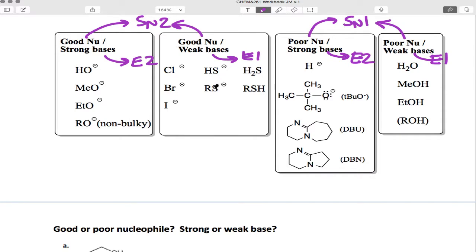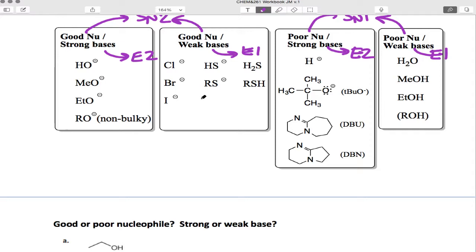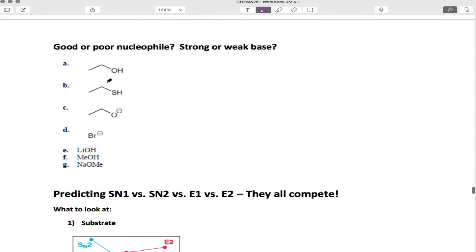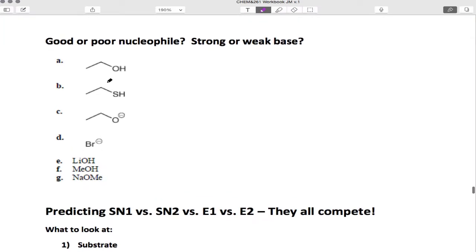Here, this is charged, so it's a good nucleophile, but it's also larger than oxygen. That makes it more polarizable. So remember those two concepts of charge and polarizability. That's what's going to lean you towards the good nucleophiles. So without looking at your chart, if possible, see if you can identify first is this a good or poor nucleophile, and is it a strong or weak base?